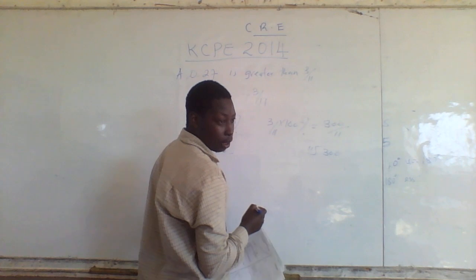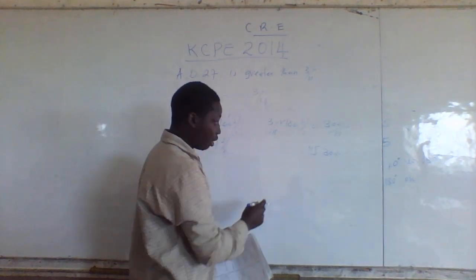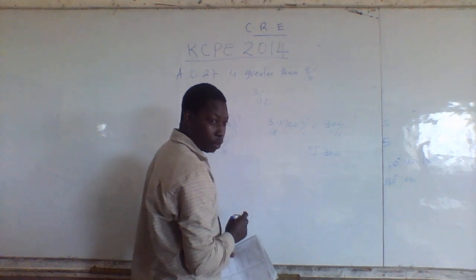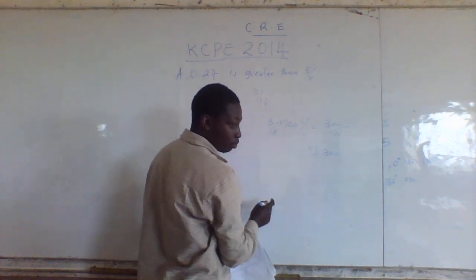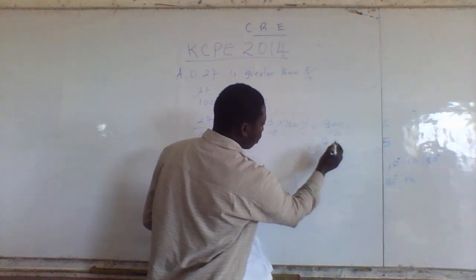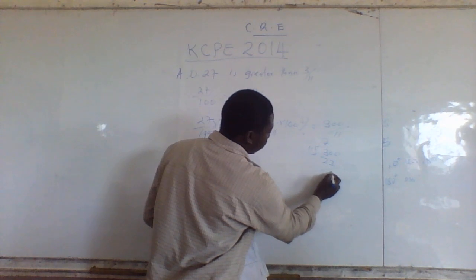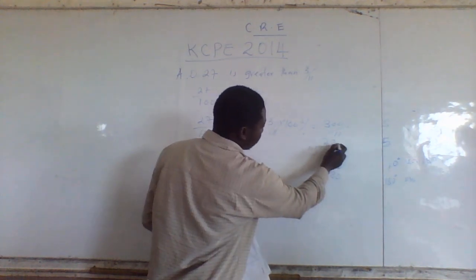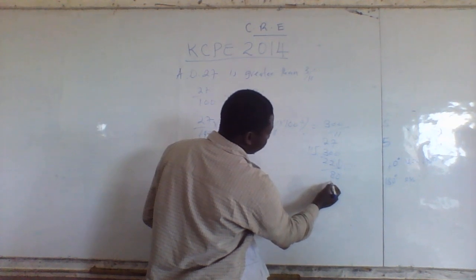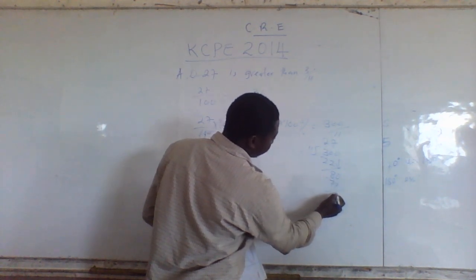300 over 11. Then 11 to 3, it can't. Make it a two digit number. 11 to 30: 2 twice, which gives 22. Minus to get 8. You drop the 0, 80. 11 to 80: 7, which is 77. Minus to get 3.